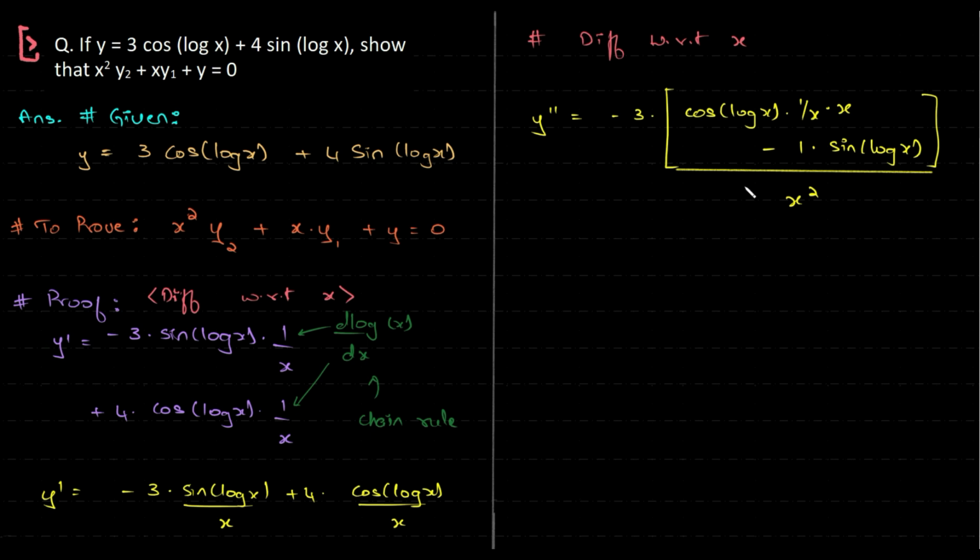So the first term, it looks like this, and now the second term plus 4, again derivative of, so basically u by v, right? So derivative of cos is minus sine log of x, and yeah, as per the chain rule I need to do this as well. So I don't have space for that.